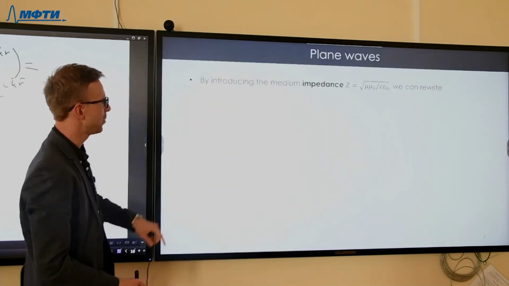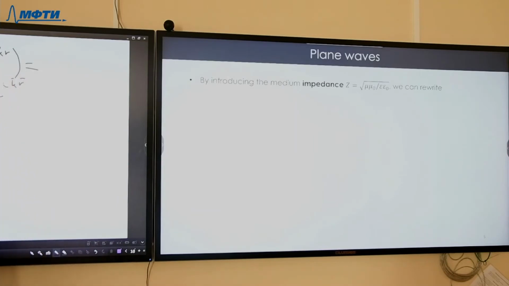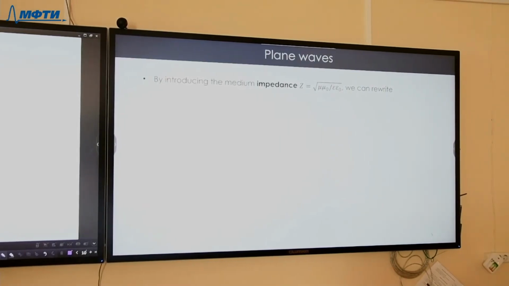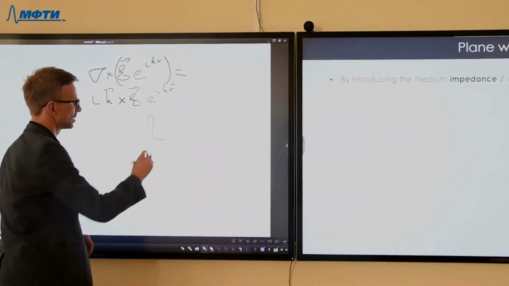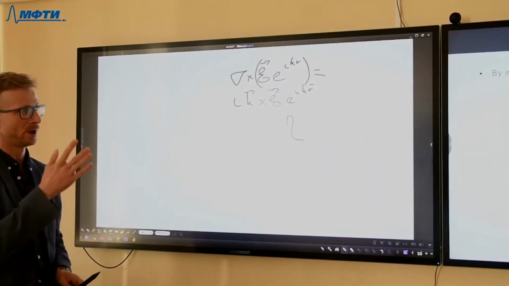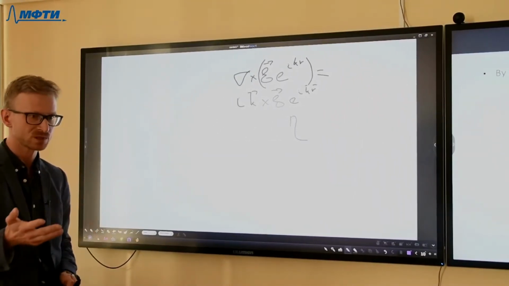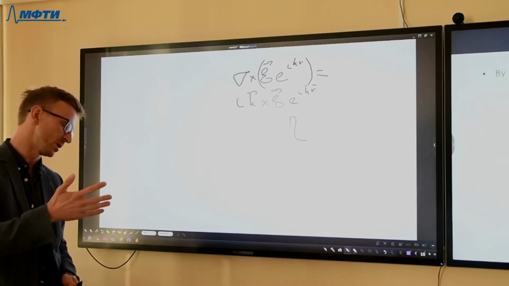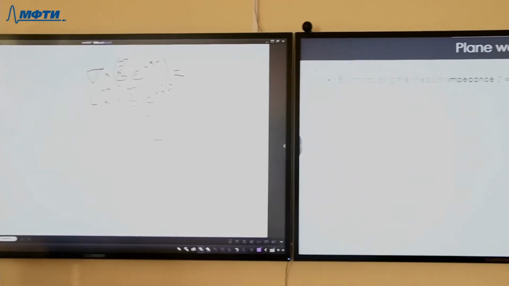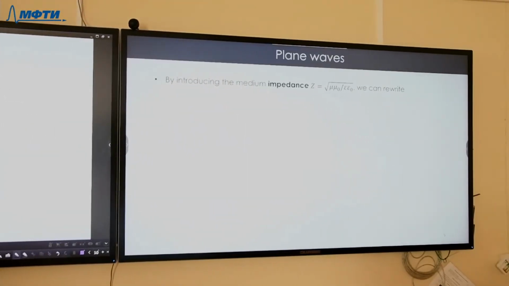And now we can introduce another quantity, which is called the wave impedance, or medium impedance. It is denoted by Z, sometimes by eta, depending on the author. And this is the ratio of the permeability of free space times permeability, divided by the product of permittivities.